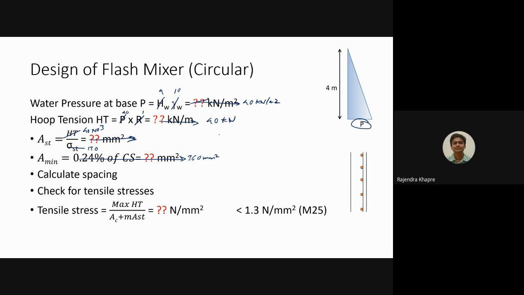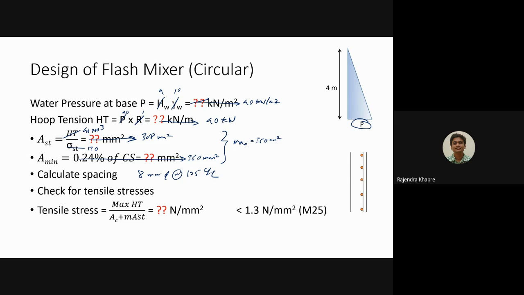How much is 40 into 10 to the power 3 divided by 130? 308. So the maximum is 360 mm square. What we can do is provide 8 mm dia at 125 center to center.